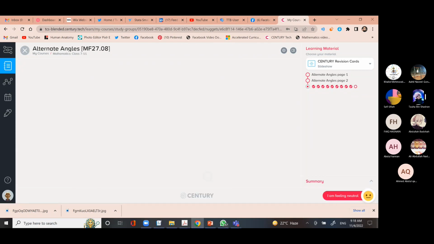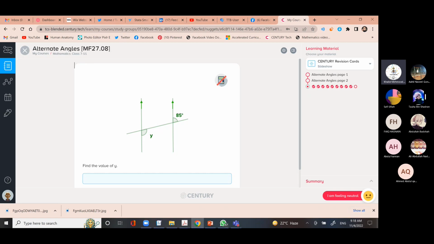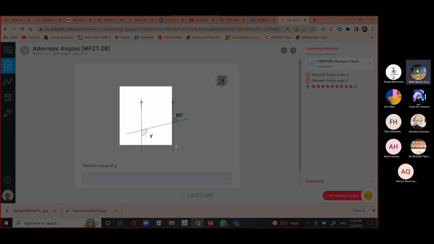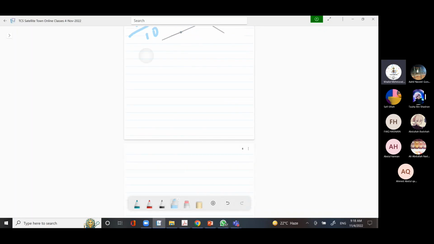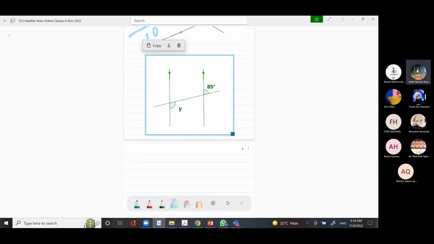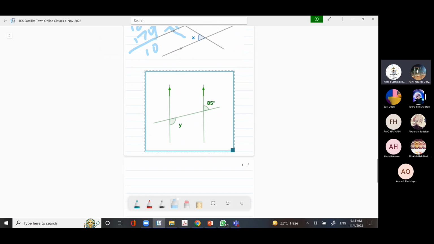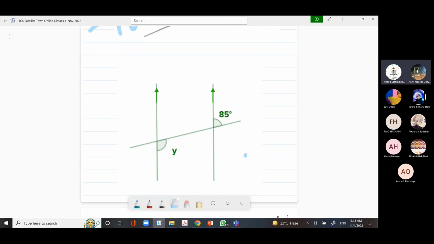Now we're on the last question. It is a corresponding angle. 180 minus 85 is 95. As we did previously, if we have this angle, this will be y, and together they make 180.